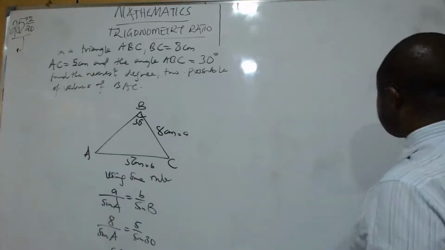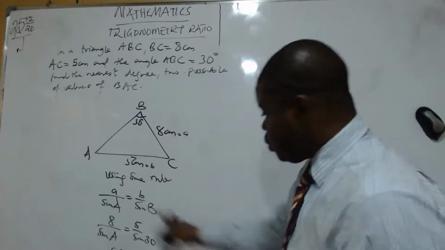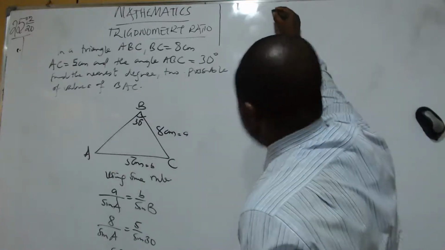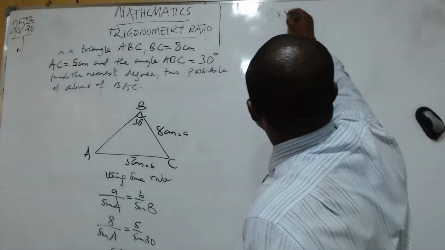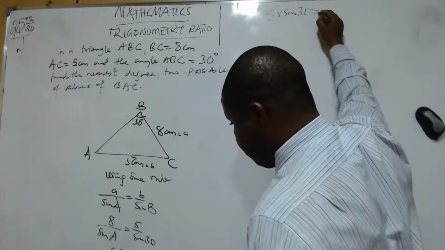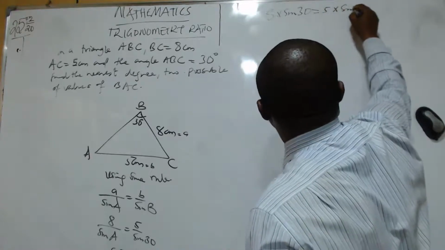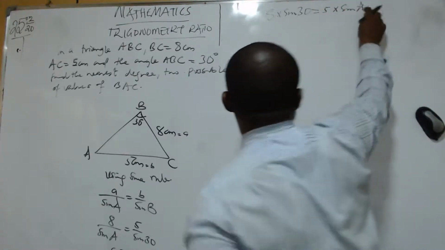Then now when we cross multiply, this is what we have. 8 times sine 30 equals 5 times sine A. We are looking for A.